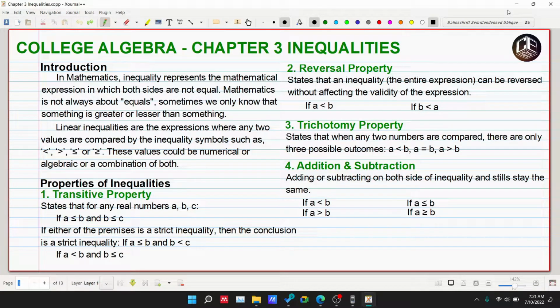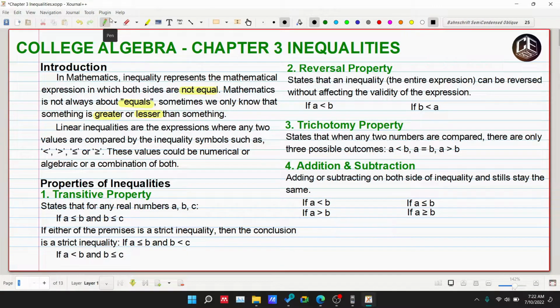So, introduction. In mathematics, inequality represents the mathematical expression in which both sides are, of course, not equal. Ayun yung ating inequality. So, mathematics is not always about equals. Okay? So, ibig sabihin, hindi naman lahat ng sa lahat ng oras or sa lahat ng bagay is laging equal. Okay? So, sometimes we only know that something is greater or lesser than something.